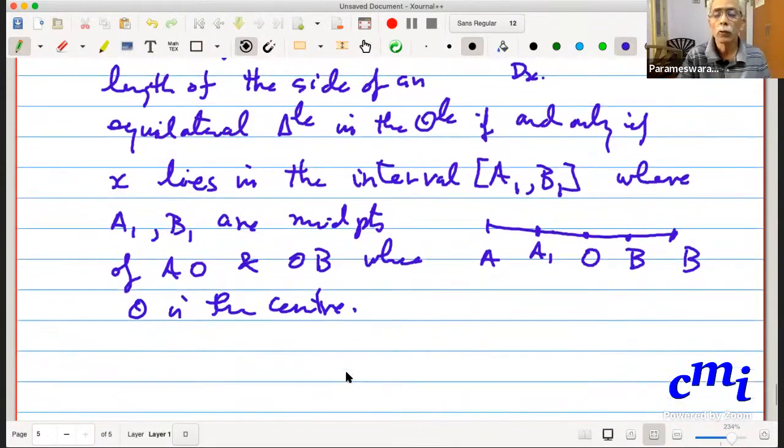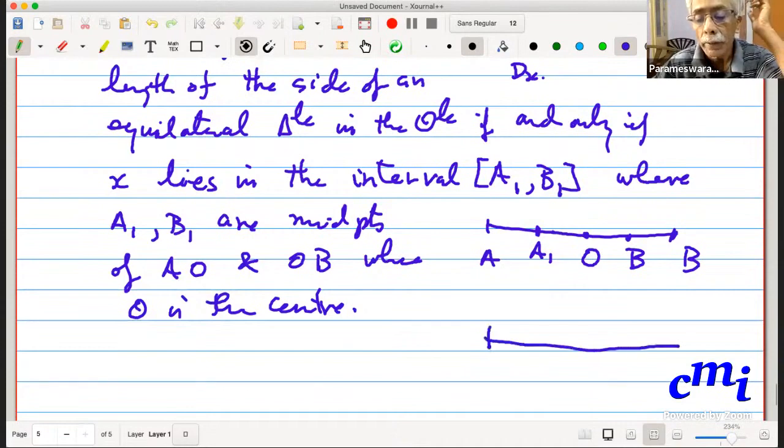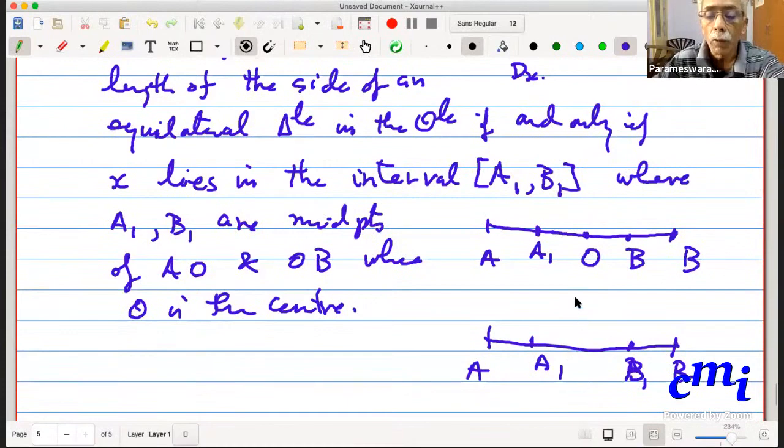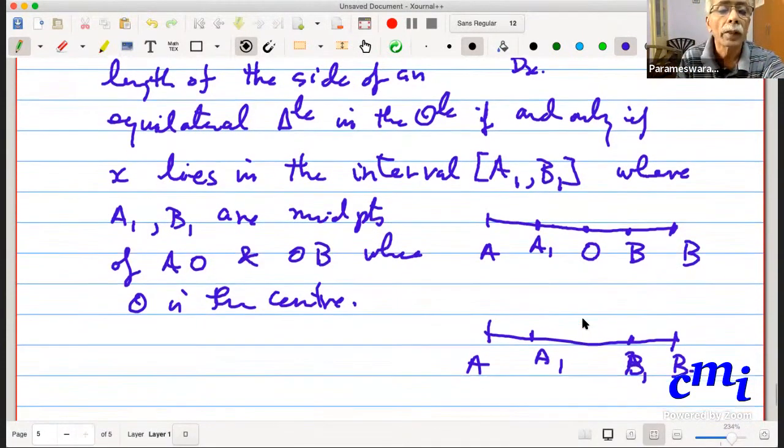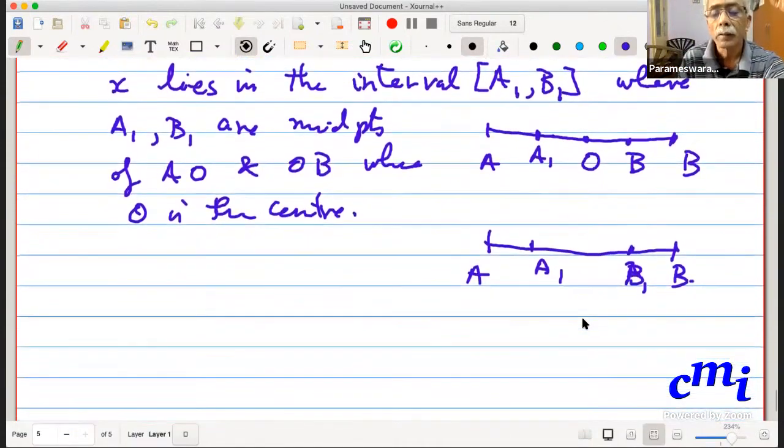Okay. So in other words, you take this diameter AB, and you just choose x at random, and if x happens to be between A1 and B1, then the length of the chord would be more than the length of the side of the equilateral triangle inscribed in the circle.